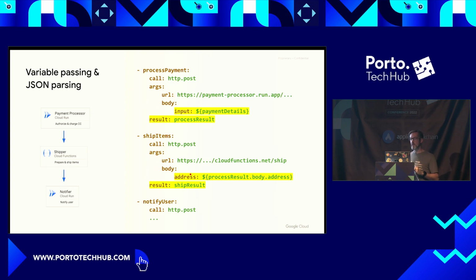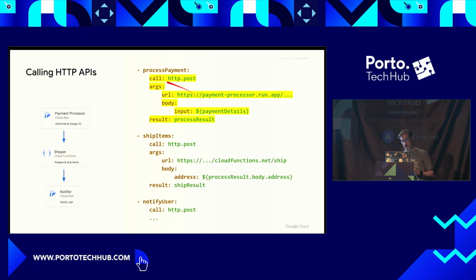But then you can branch and loop and do all kinds of logic to go to one step and back to another step, etc. For example, here in this second step, I'm going to reference the address that's returned by that processing payment service. So I'm able to parse and access the result, the outcome of previous step executions. Next, how do you actually call APIs, your own services, third-party APIs?